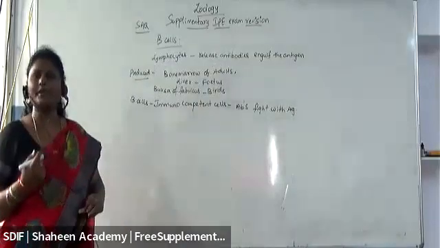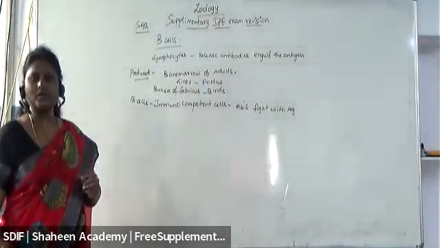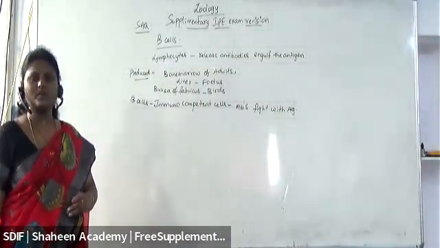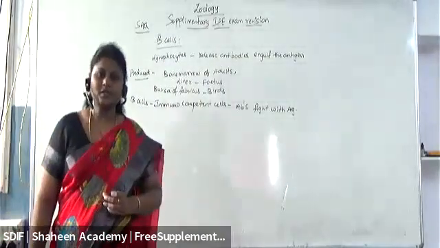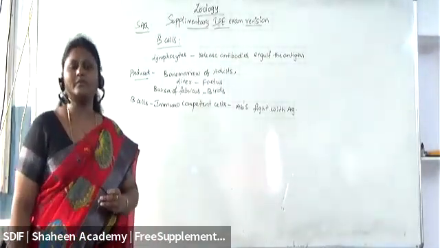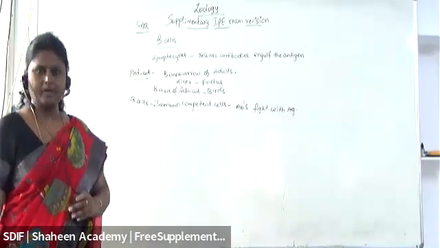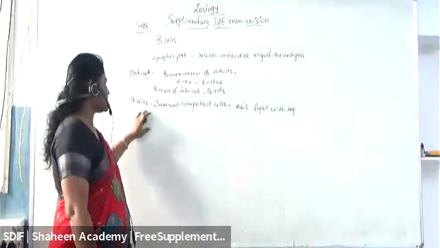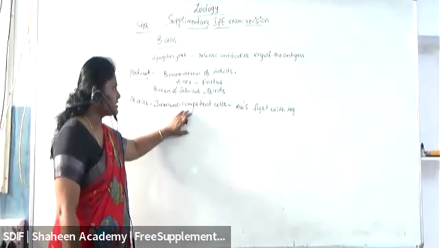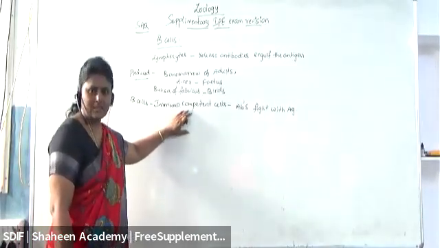That means they are competitive enough. They are secreting antibodies that are competing with the antigen and trying to eliminate the antigen from the body. So that's why these B cells are called immunocompetent cells.